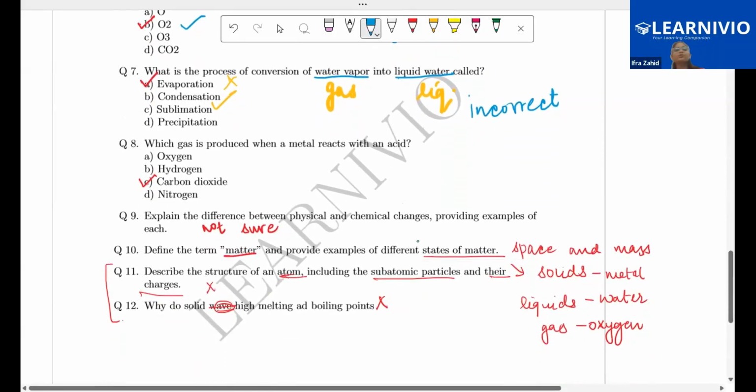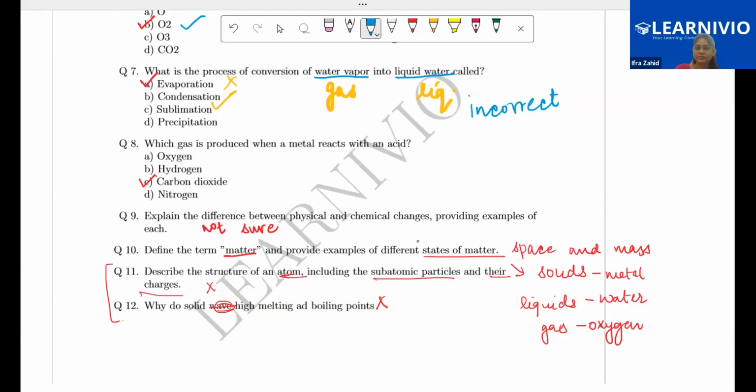Which gas is produced when a metal reacts with an acid? It's carbon dioxide. No, it's hydrogen gas. Okay, ma'am.